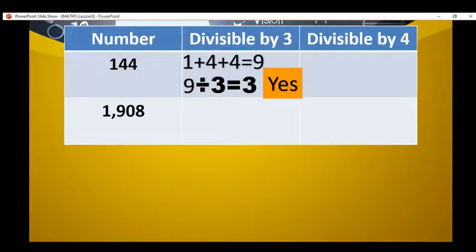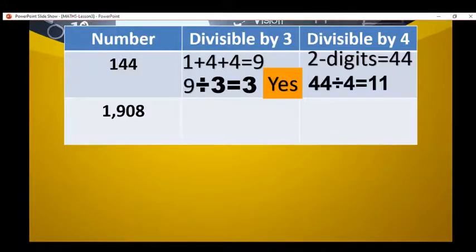How about 4? Is it divisible by 4? Let's find out by getting our last 2-digit number. So what is the last 2-digit number in our 144? It's 44. So we need to divide it. 44 divided by 4 is equal to 11.